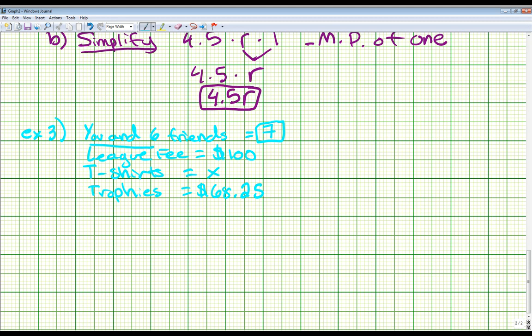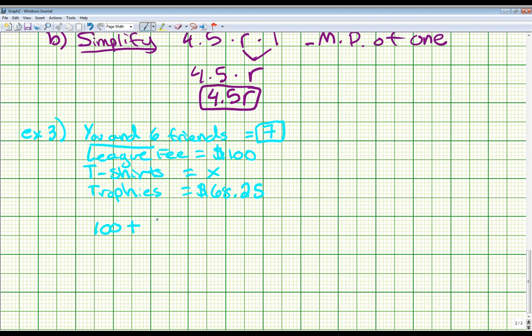They want us to write an expression for the total amount the sponsor paid. So if the sponsor paid $100, we're going to start with that. So we can go $100 plus, then the sponsor paid X dollars for 7 t-shirts. Let's pause on that one for now and go to the trophies.